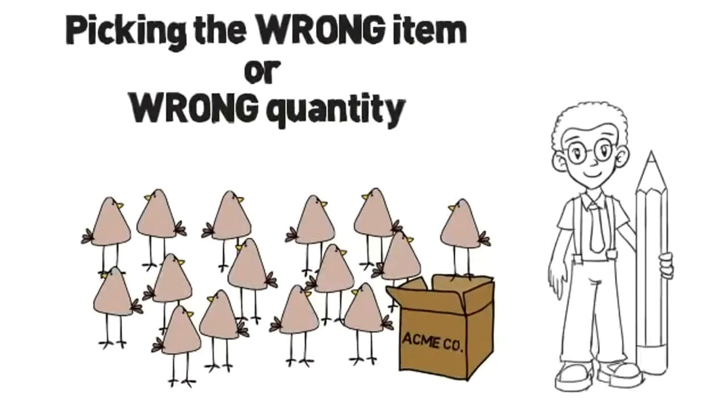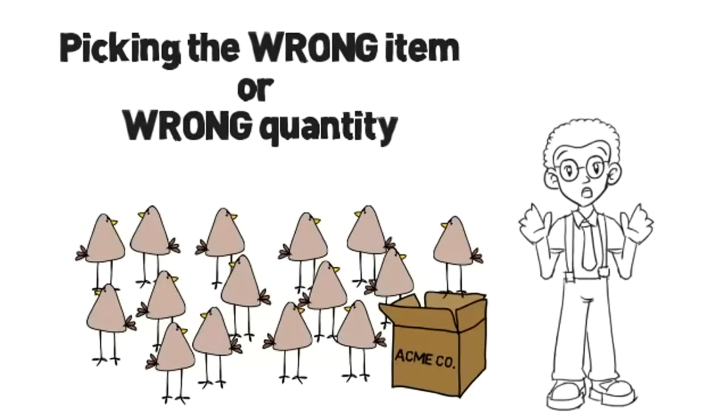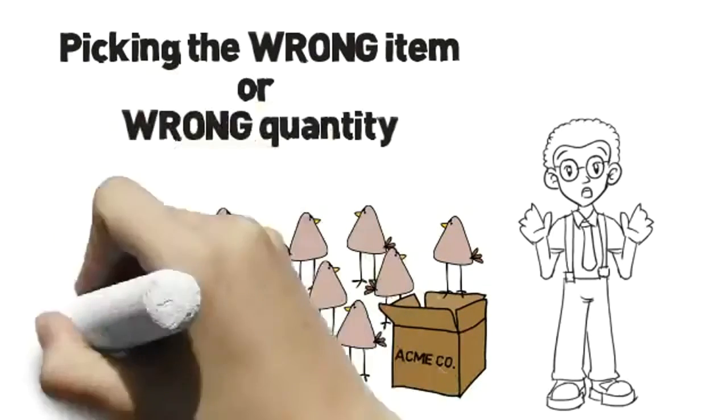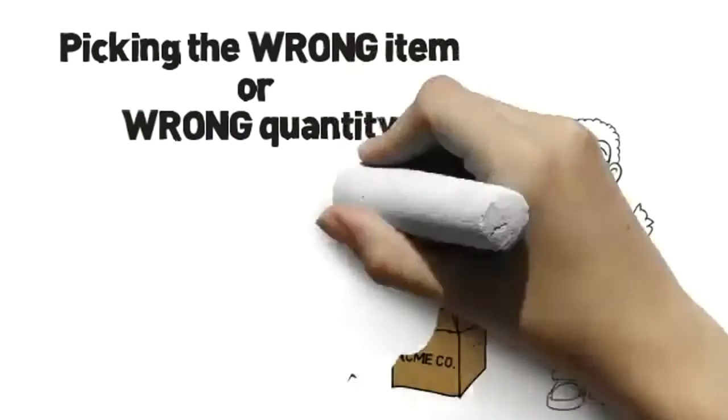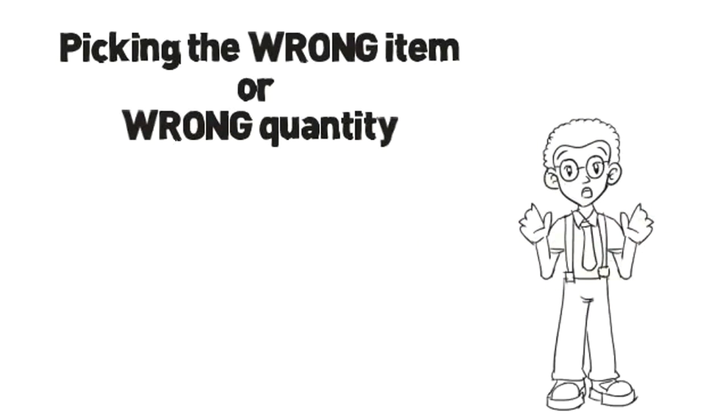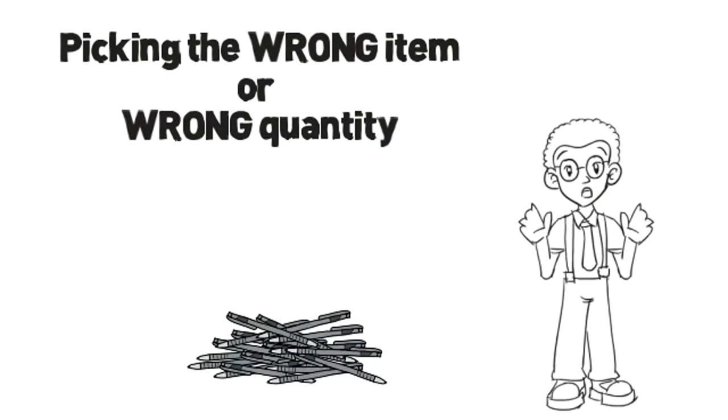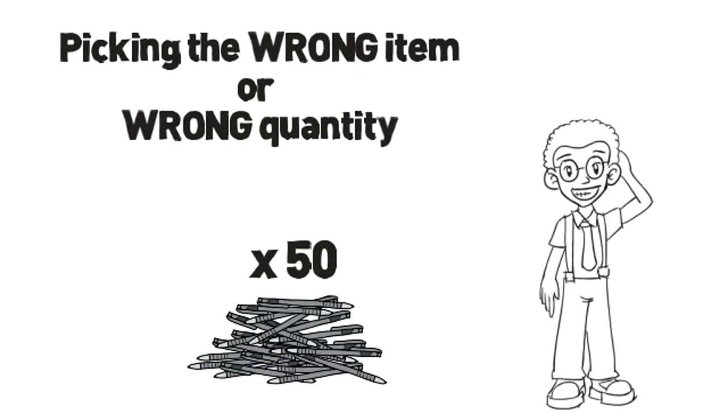And as you would expect, Gerald isn't too satisfied with his order. Now let's say his order comes in and they got pens right, but instead of 15, he got 50. Now, he wouldn't mind, but it wouldn't be good for the company.